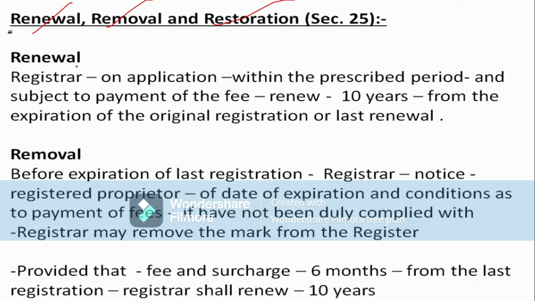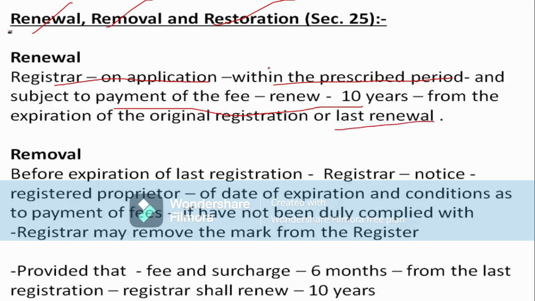The registrar, on application within the prescribed period and subject to payment of fees, will renew for 10 years from the expiration of the original registration or last renewal.